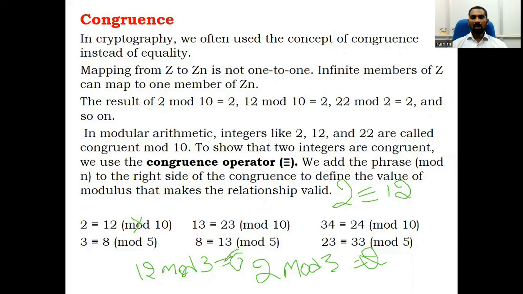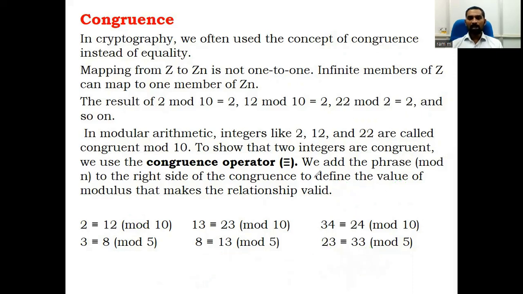Now see, the residues produced by 12 and 2 with respect to mod 3 are different. So in this scenario, I cannot say 2 is congruent equivalent to 12. That's why when we represent two values as congruent, we also need to mention with respect to what mod value.